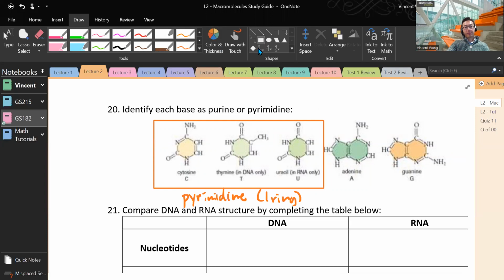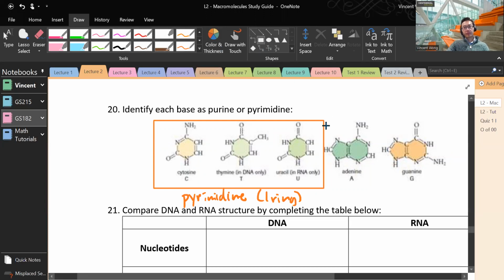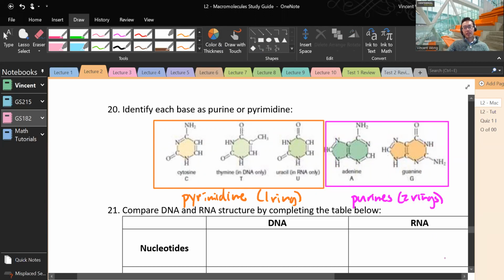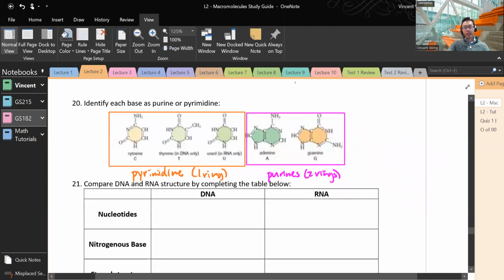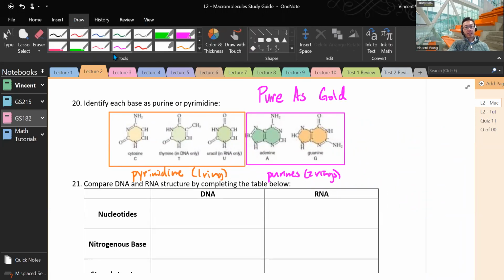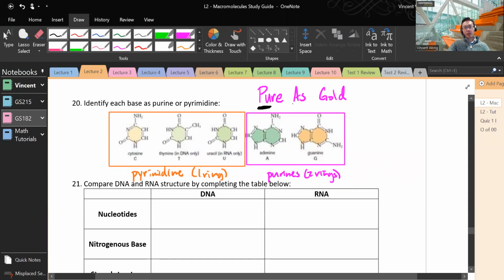And over here, we have the purines. Purines have two rings. If you're wondering how to memorize that, you can remember the phrase "pure as gold." So purines include adenine and guanine.